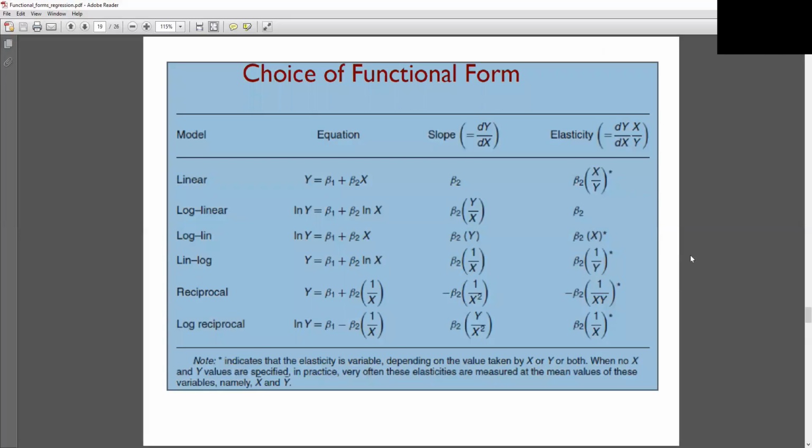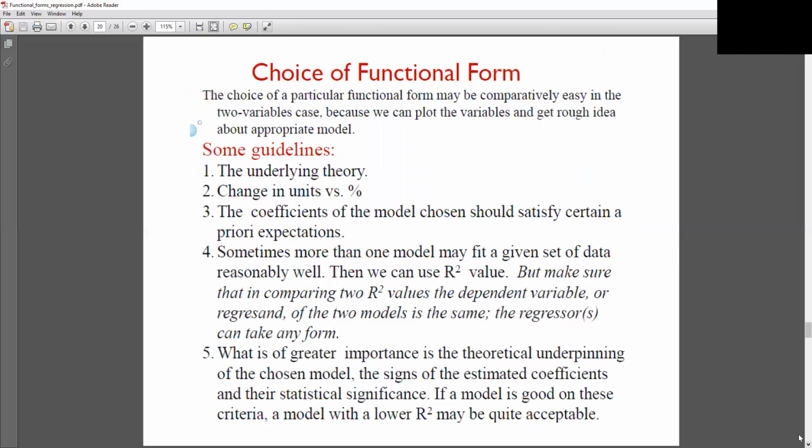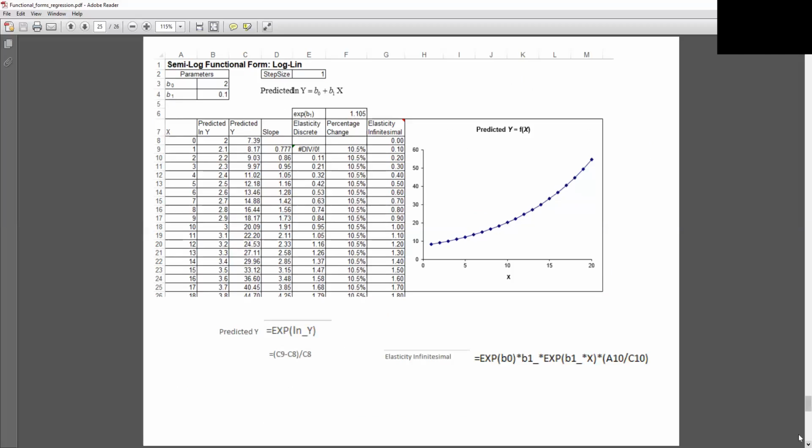Overall, we have x values, take the mean of x and multiply it with the slope, and we will get the elasticity in the case of a log-lin model. That is why you can see here we are multiplying the slope value by x, to get the elasticity of the entire model.